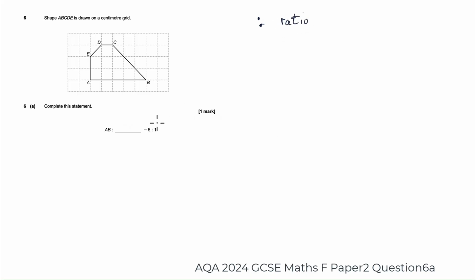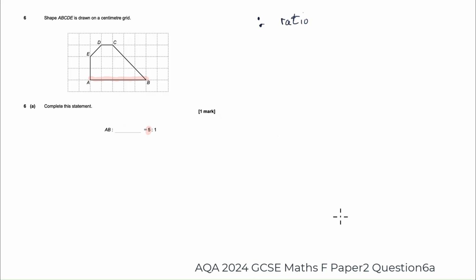So the ratio on the right hand side here of the equal sign, 5 to 1. The statement involves lengths of lines, AB, that's this line up here. Let me indicate that. There's AB, that would correspond to the 5.